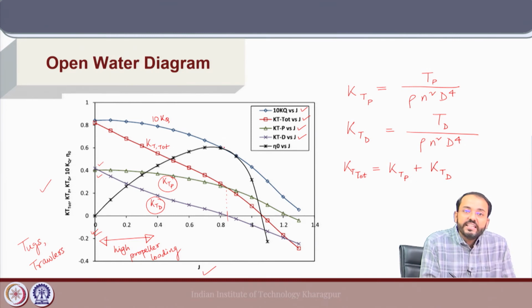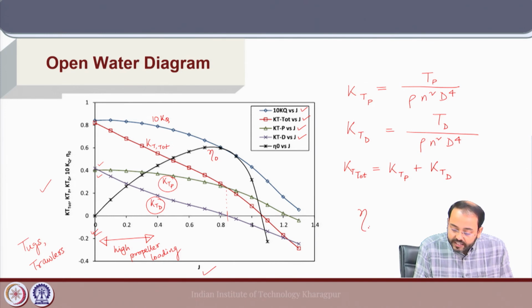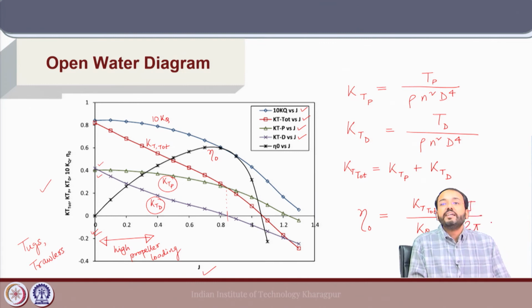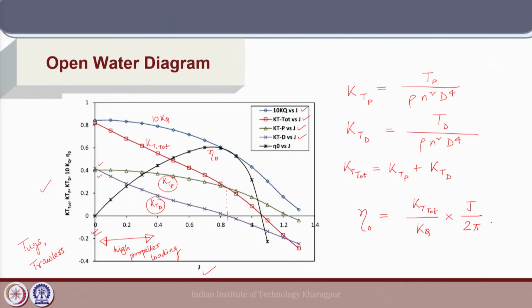And the efficiency for the ducted propeller system, eta O, will be defined based on the total thrust and the torque in the same formulation as we have obtained for the open propeller.